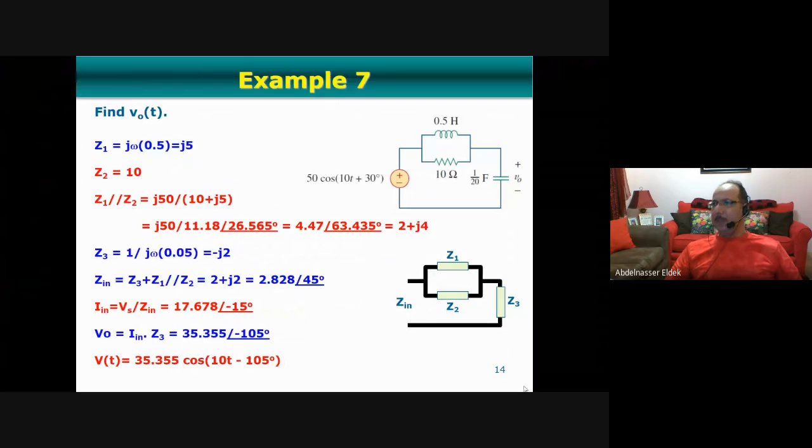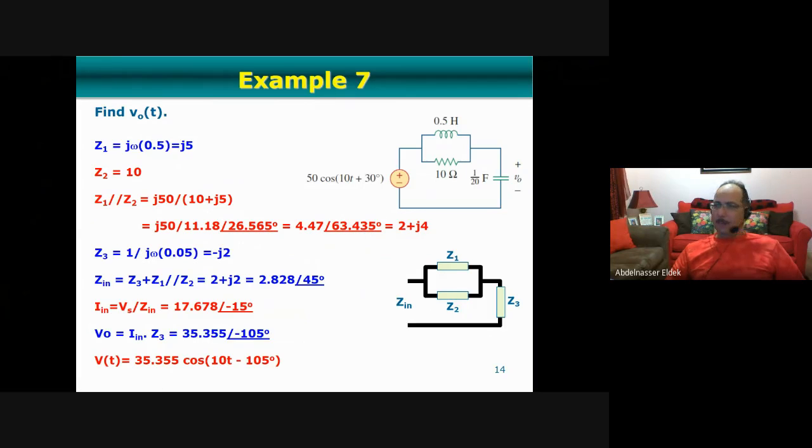Then you need to convert this back from amplitude and phase. Why? Because you need to add it to this 3. To add, you have to convert it back to real and imaginary. So it is 4.47 cosine will give you 2, and 4.47 sine 63 will give you 4.